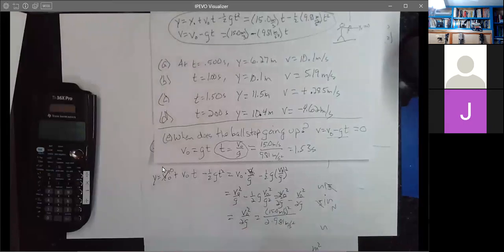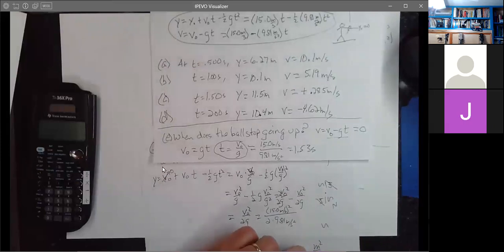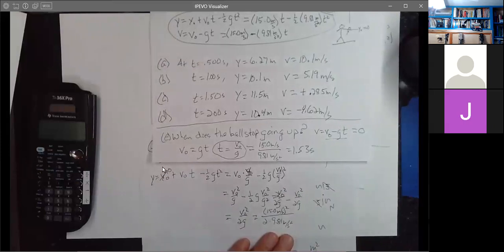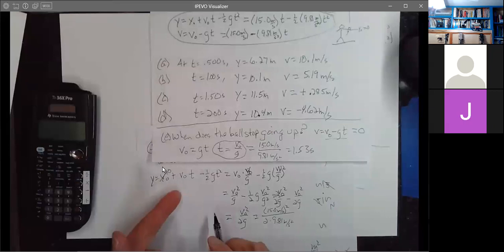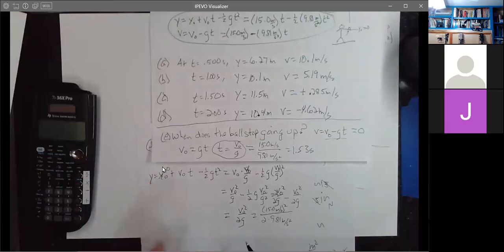On the bottom, I'll have meters per second squared. Invert and multiply. You've seen me do this a few times. Meters squared per second squared times second squared over meter. The second squared divide out. Meters squared over meters is just meters, and that's good. That'll tell me how high it goes.